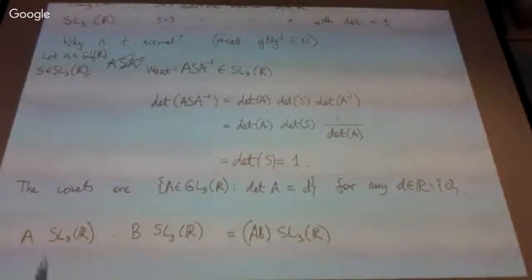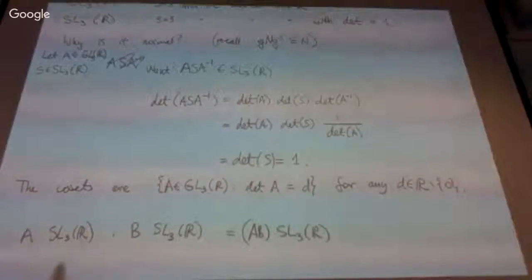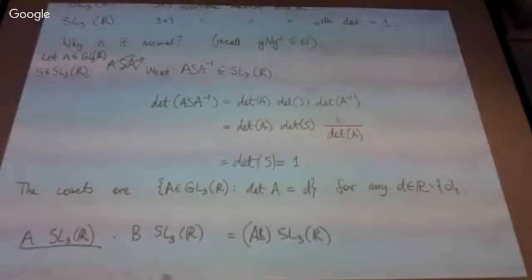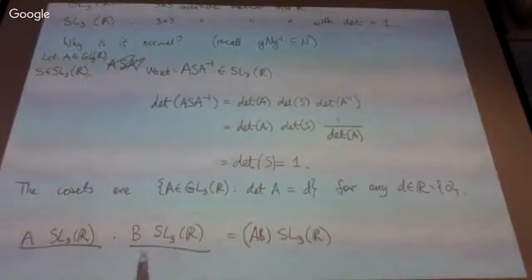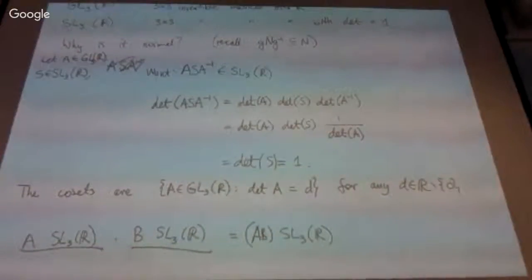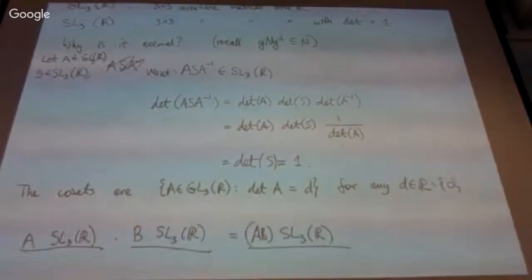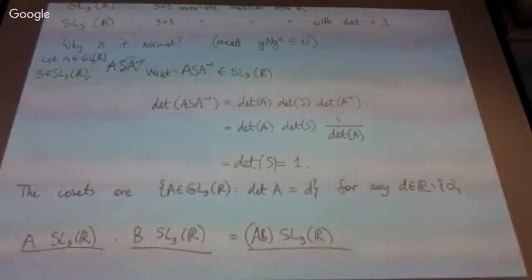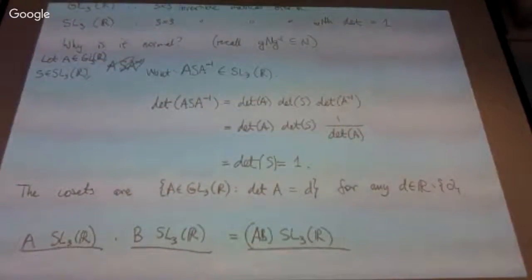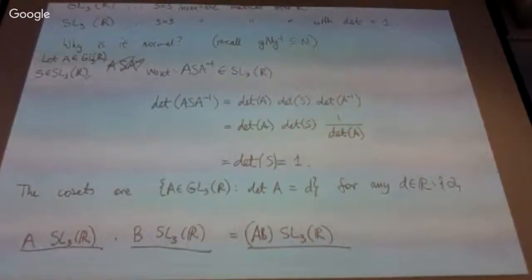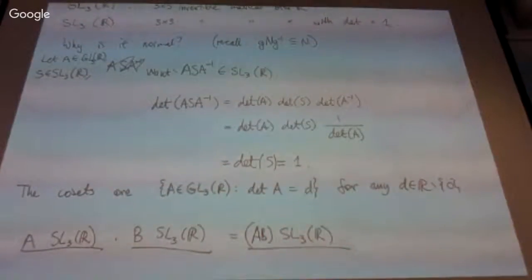So this coset is all the matrices that have the same determinant as A. This coset is all the matrices that have the same determinant as B. This is all the matrices that have the same determinant as AB, which is the same as the product of the two determinants. So really the only thing it does is multiply real numbers, doesn't it?